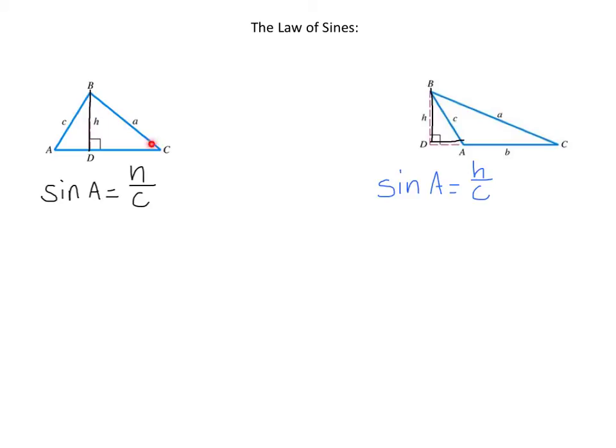Then I'll do the same thing with angle C, sine of angle C. Opposite is h, hypotenuse here is a. On the obtuse triangle, the opposite of C, now remember I'm looking here at this right triangle, so opposite is h, hypotenuse is a.